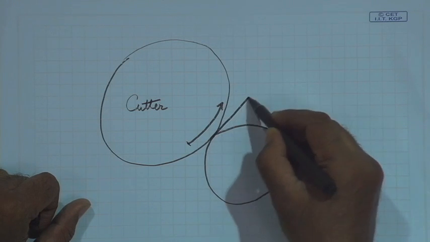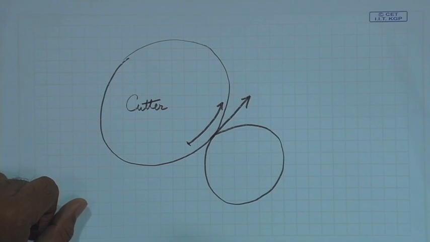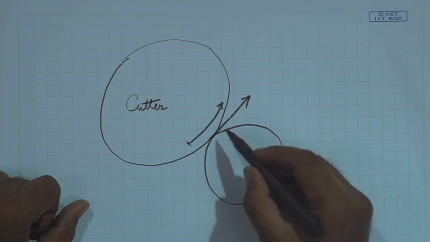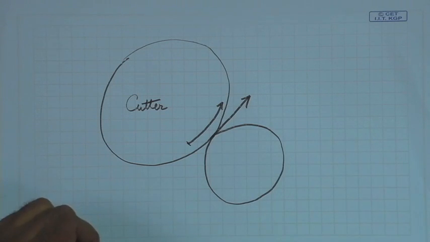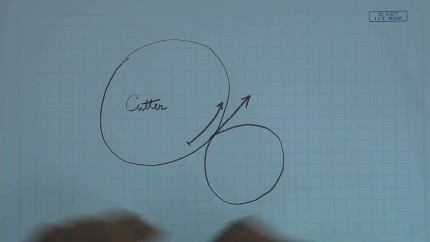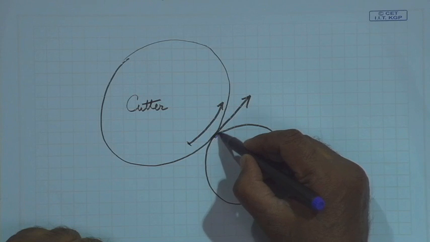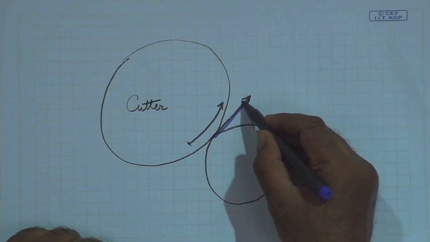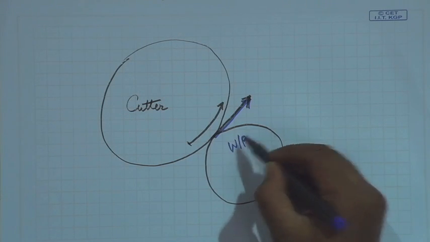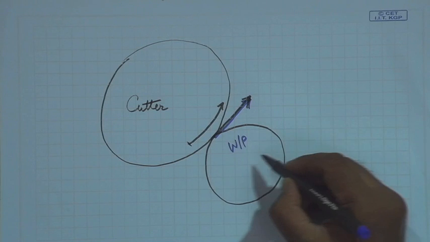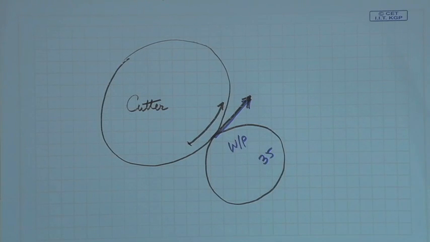So, this is the speed, the velocity at its periphery. Now, when the workpiece was rotating, it was matching this speed. This is the workpiece, and at the point of contact they have the same speed. Now, for 35 teeth, this was the case.